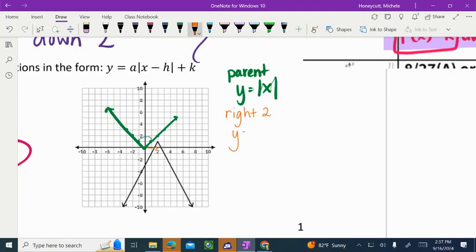So shifting right 2 would be y equals the absolute value of x. To go right 2, I need to subtract 2 inside of the grouping symbol. So if I take that graph and move it to the right 2, now it looks like this.